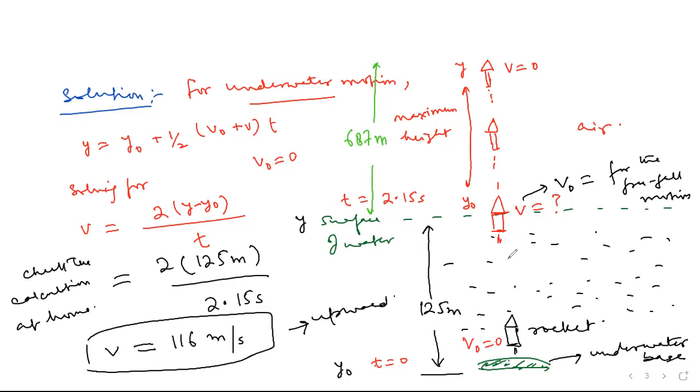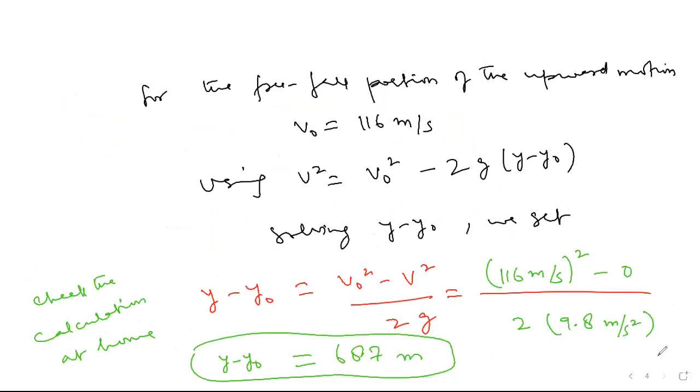We said the acceleration is constant through this portion of the motion. There are two portions of the motion: one portion is through the water, the second is through the air. Then we calculated the final velocity for the first portion using this equation. It turned out to be 116 meters per second. That velocity became the initial velocity for the second portion of the motion through air. Then we calculated the maximum height attained from the surface of water, that is 687 meters, which is our answer.